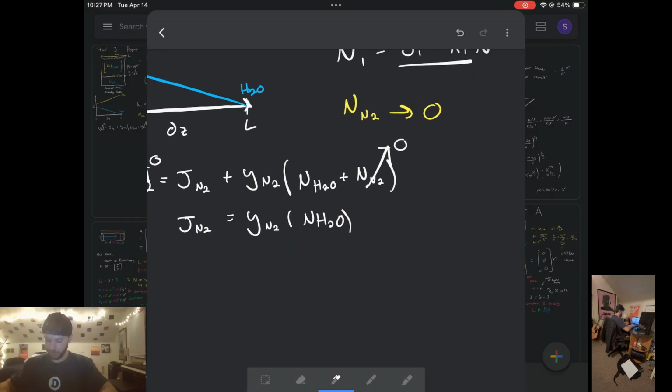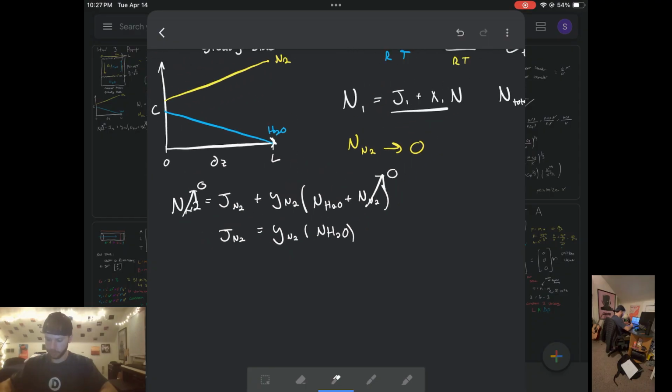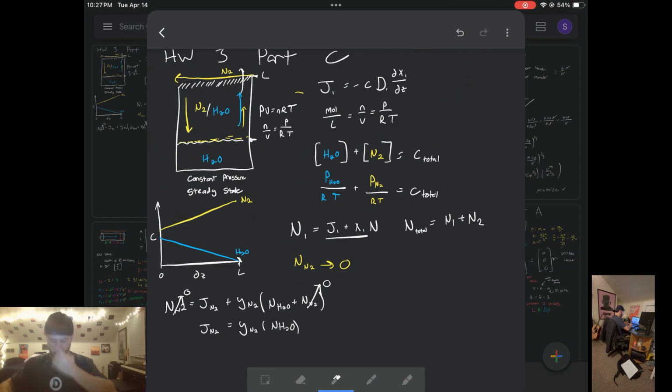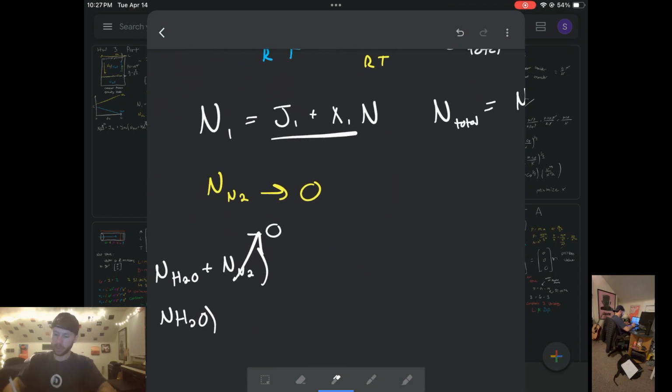So moving further with this, with our equation, we can just plug in a bunch of values.